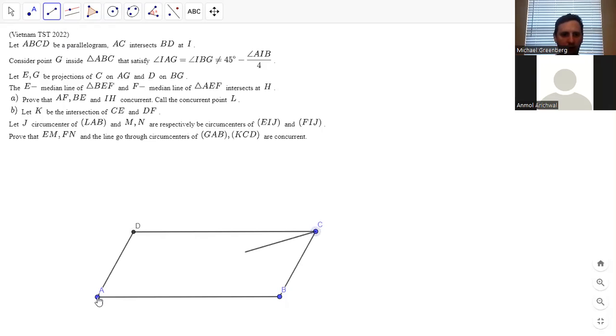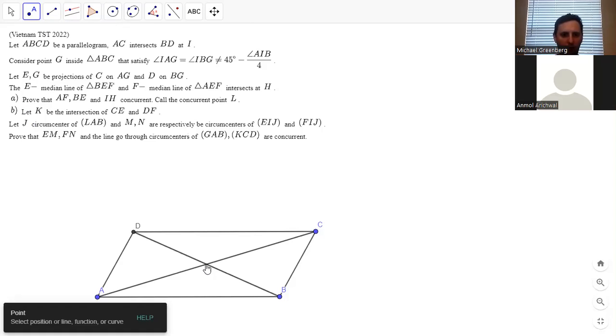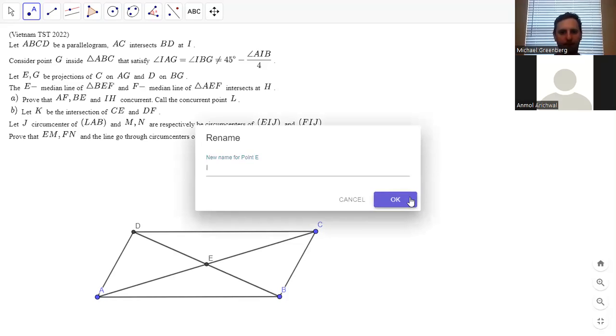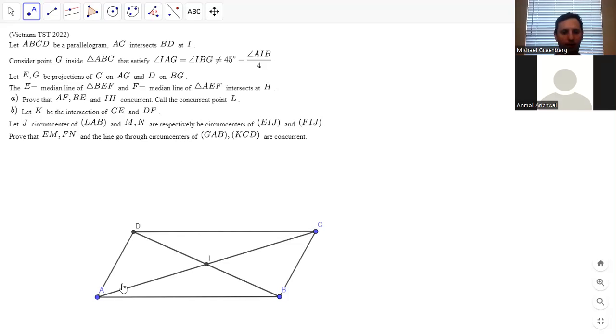G is inside triangle ABC, so that IAG is equal to IBG. So let's label this as I. So we want IAG to equal IBG.